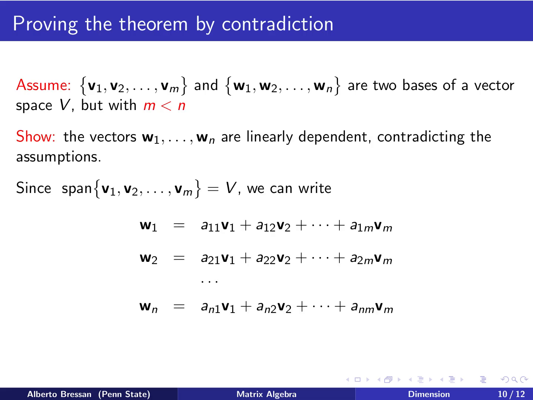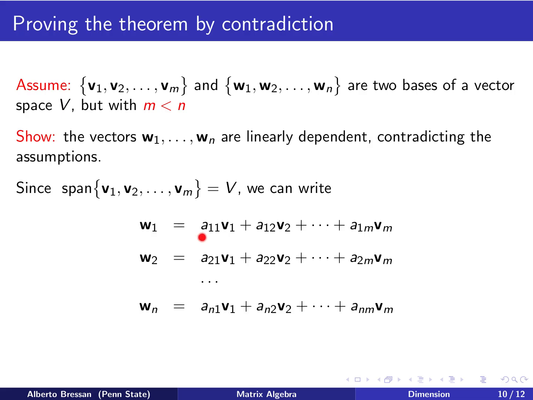Okay, so since now the V is a basis, then the span of this set of vectors is equal to the vector space. And then all the W's are in the vector space. Therefore, each of these W's can be written as a unique linear combination.